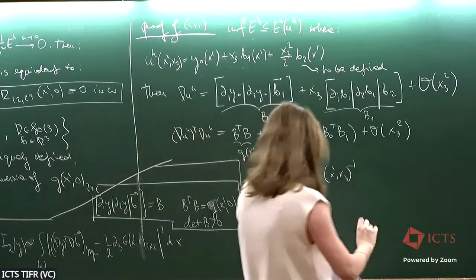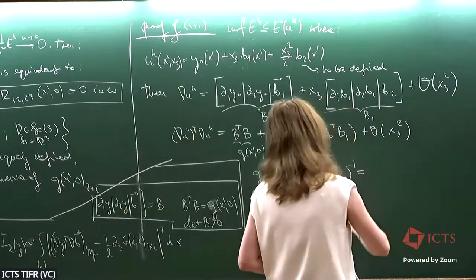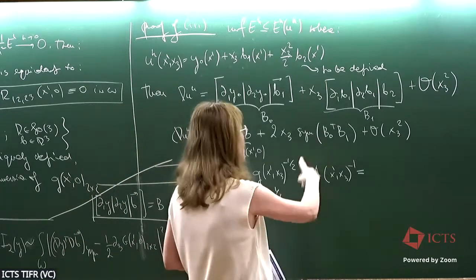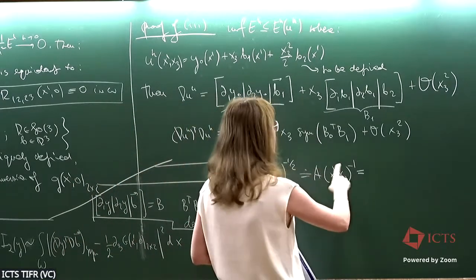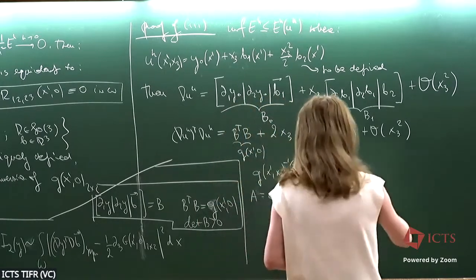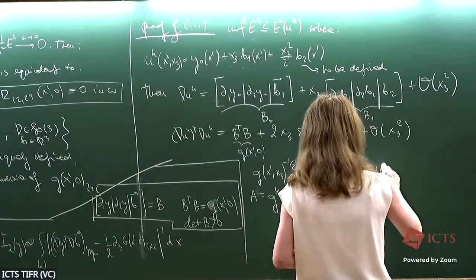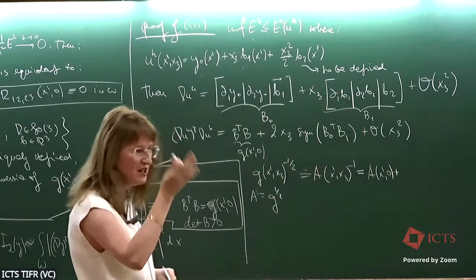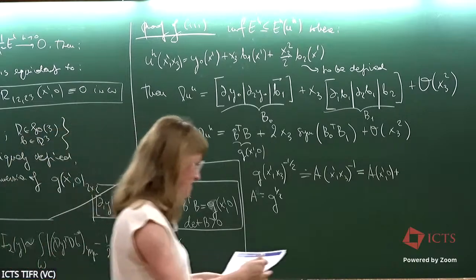I don't have time to do that, but it's actually an easy calculation. I want to do the Taylor expansion of this around x3 being 0. So this is A inverse of x', 0, and then you just compute the derivative of the inverse of the matrix.